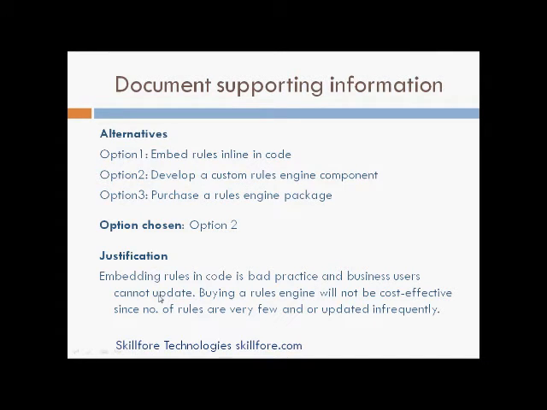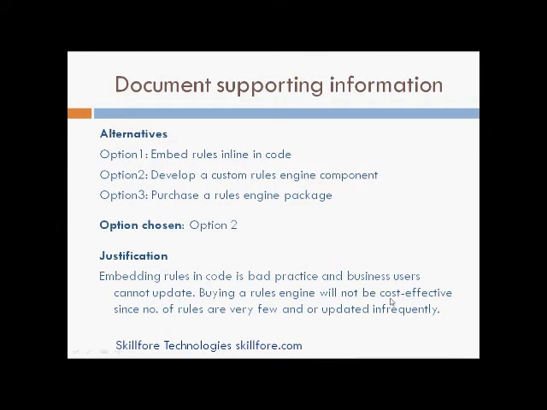And the justification is that embedding rules in code is bad practice and business users cannot update it. You have to update the code to change the rules. But business users being able to update was our requirement in the problem statement. So the first option we cannot go with.